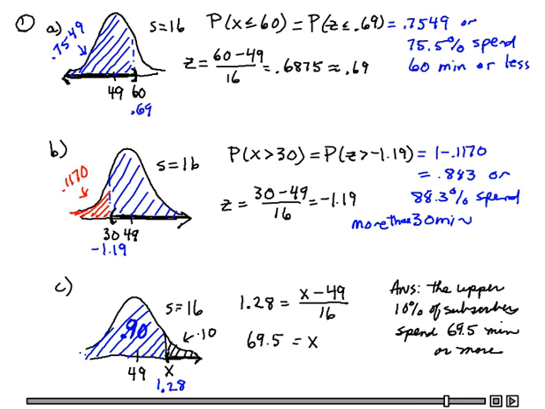Sometimes you have to subtract from 1, and we'll see another example of another situation what you'll face with that. But the other type of problem is given a probability, as with part C, where we've given the 10%, what is the interval? So that's kind of the reverse type problem.